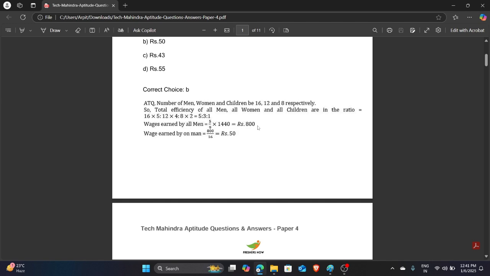Listen. So they got the total money that a man group can earn. So the men's group earns 800, then what is the value that one man can earn? In one group there are 16 members, so they divided it, and they get 50.